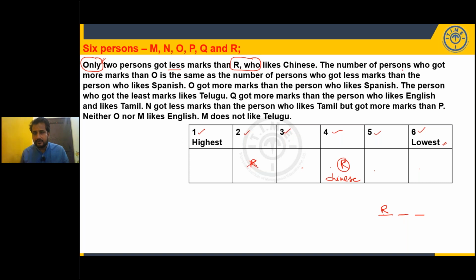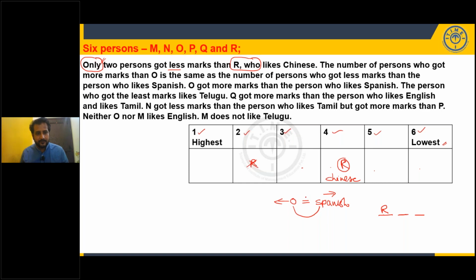The number of persons who got more marks than O is the same as the number of persons who got less marks than the person who likes Spanish. So these kind of clues are very important. The one point you need to understand first: among these two, who scored highest marks and who scored lowest marks, that we don't know.